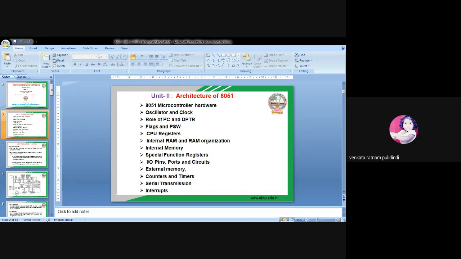And here already we know that the 8051 microcontroller has inbuilt counters and timers. That means event identification, or measuring how much time the event is processed in the microcontroller, is done by the timers and counters.